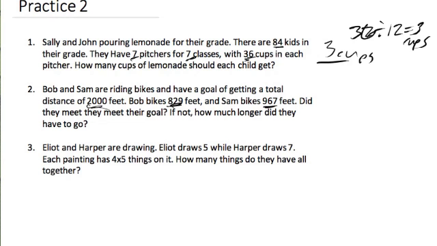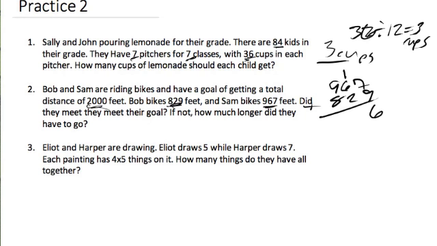So, first thing to find if they met their goal or not, we add 967 plus 829. This is a big one. But 7 plus 9 equals 16. So you put a 6 there, then a 1 over here. Then 1 plus 6 equals 7.